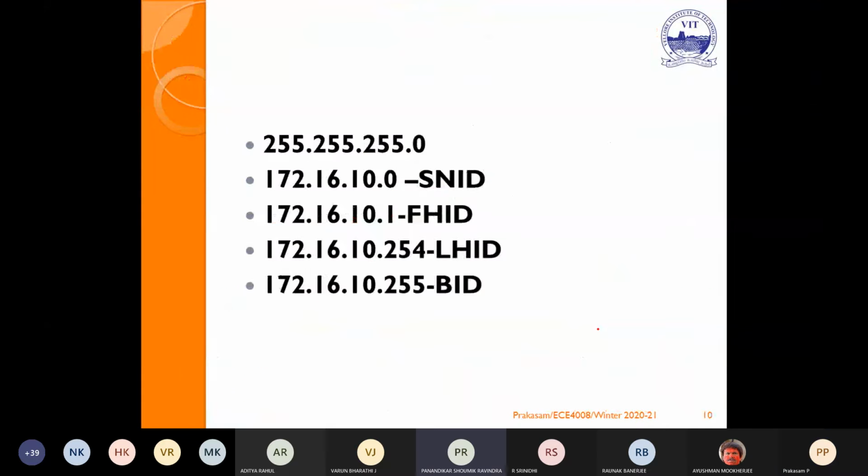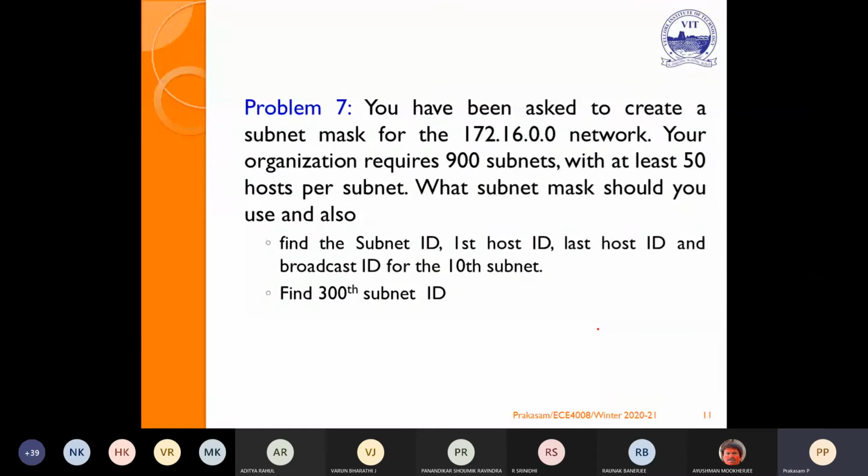So the similar thing with a different host, the same address. Again, same thing, 172.16.0.0. Organization requires 900 subnets with at least 50 hosts per subnet. What subnet mask should be used?